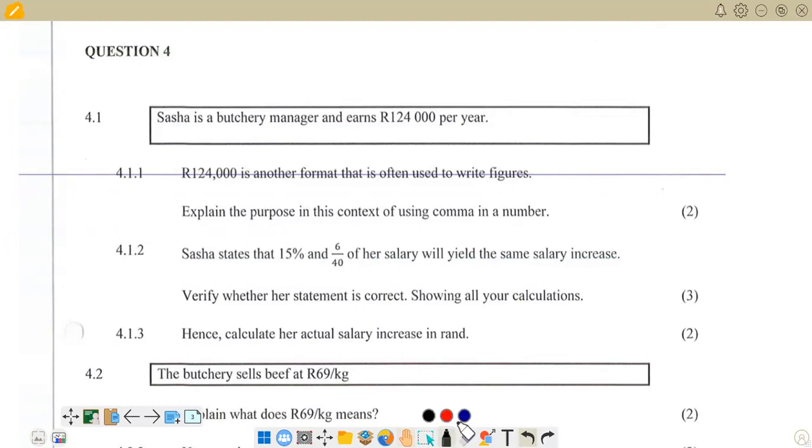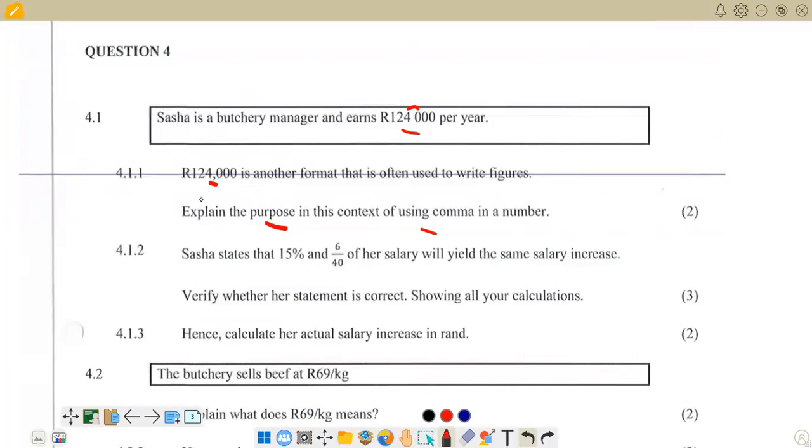You'll see that in the figure we are given, we have a comma here. And our question is asking us the purpose of using this comma. This comma is used as a substitute for the space that we have in the original figure. We've got a space here, and this space is replaced by a comma in some other contexts.